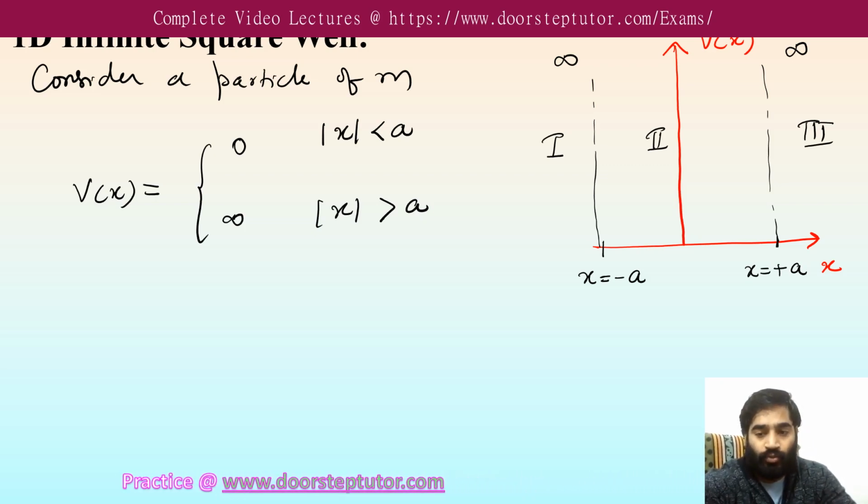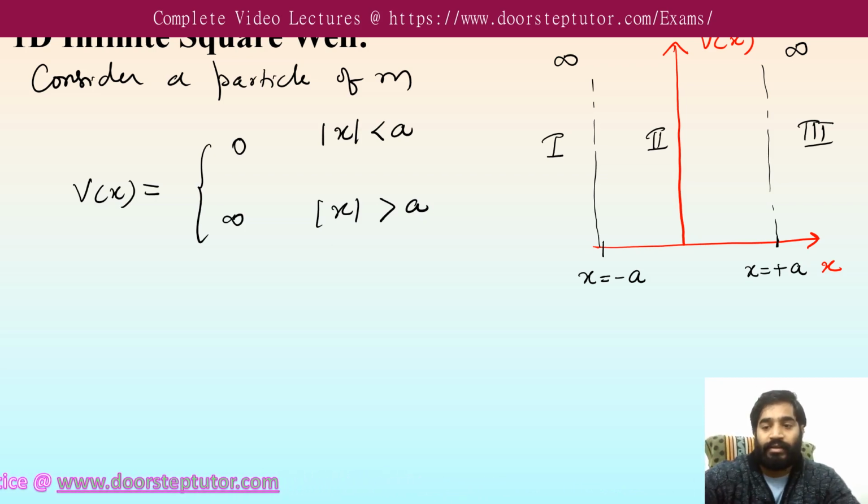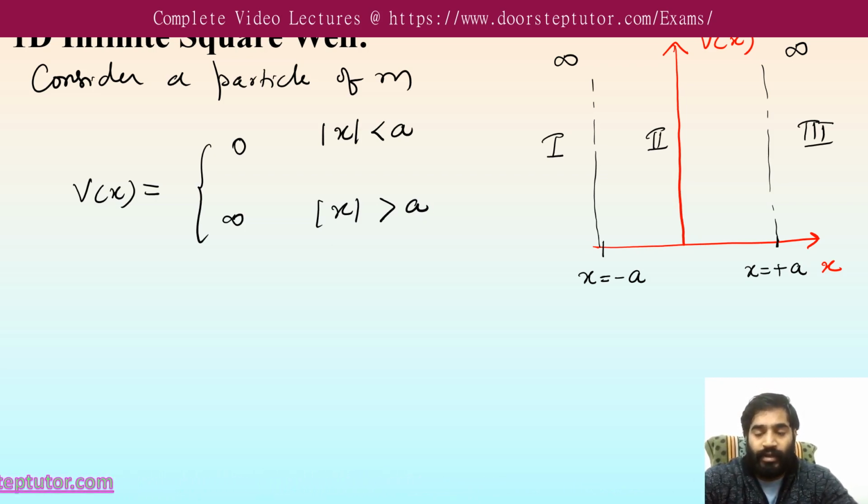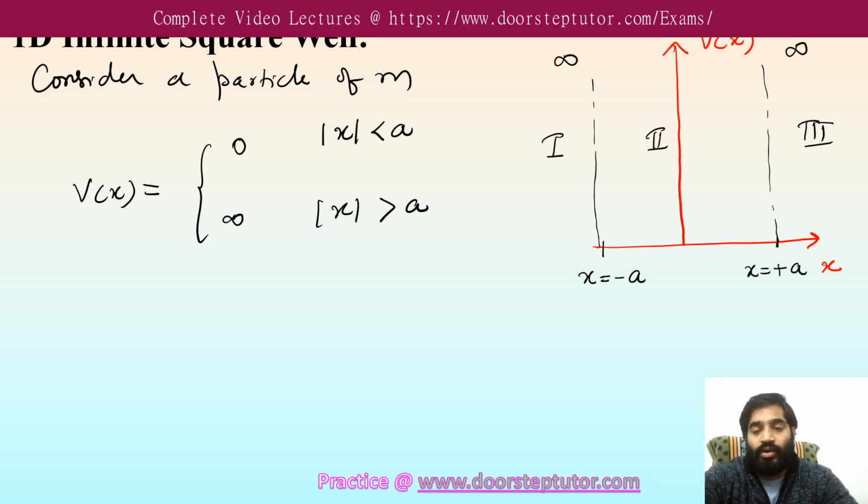Now we will write the Schrodinger equation for these three regions. But what about the second region? The second region is a kind of special region, because the particle exists only in the second region.